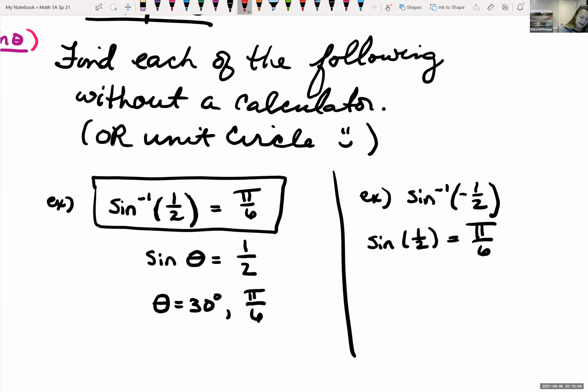But to get this to be negative, I need to be in quadrant 4. Remember, negative angles go clockwise versus counterclockwise. So if I start at my 0 and go negative pi 6, this has to equal negative pi 6.